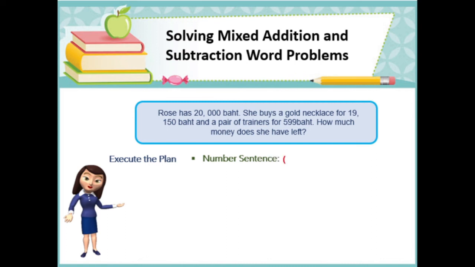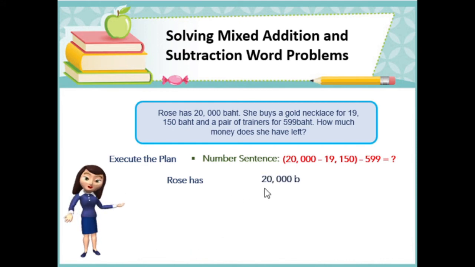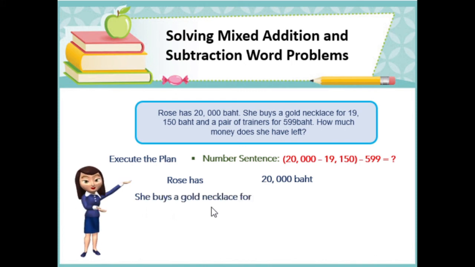The number sentence is 20,000 minus 19,150 minus 599. Alright, let's solve for it. Rose has 20,000 baht. This is her money. She buys a gold necklace for 19,150 baht.